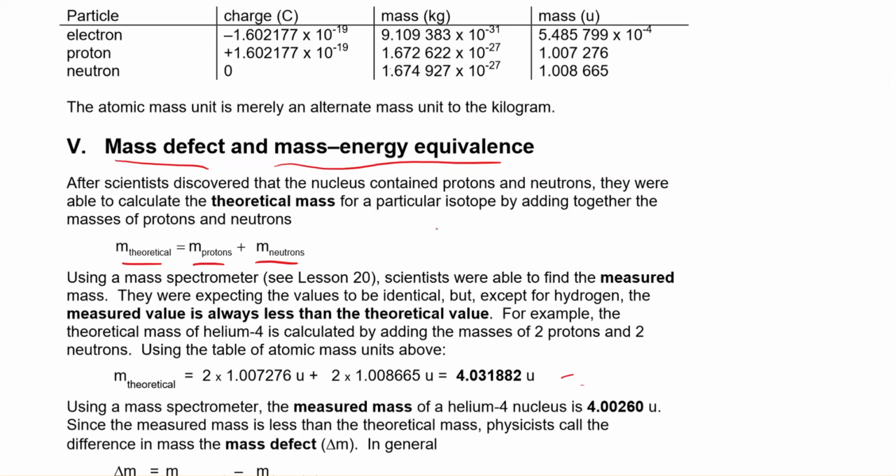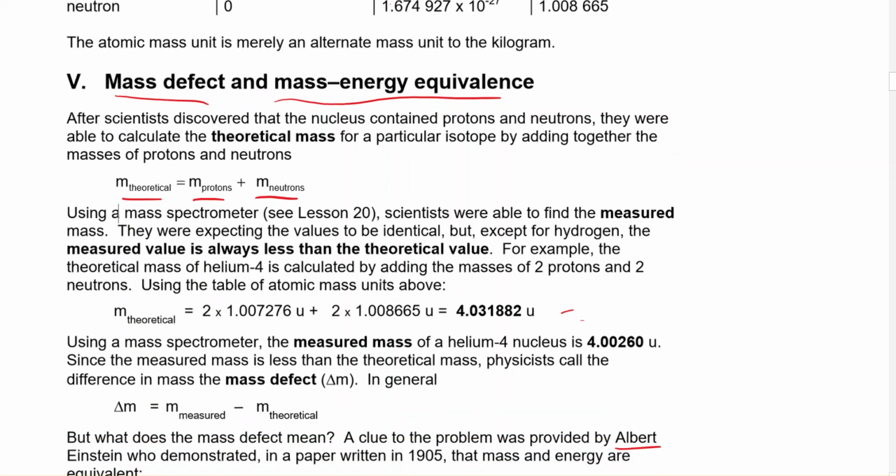All right, so they said, okay, we know what the theoretical mass should be just by adding them together. Then they used a mass spectrometer, which we've done a lot with in other lessons. Then scientists were able to find the measured mass. They were expecting the values to be identical. So we send this thing into a velocity selector and then into a magnetic field and figure out from the curvature what the actual mass was.